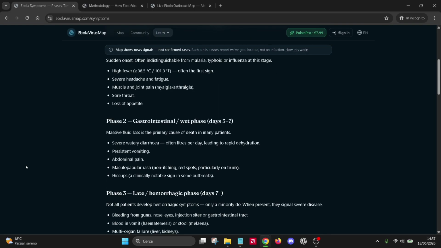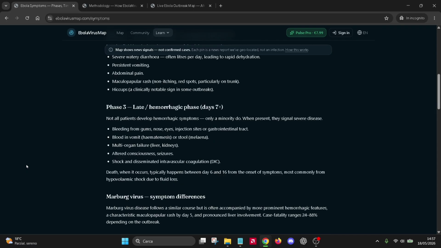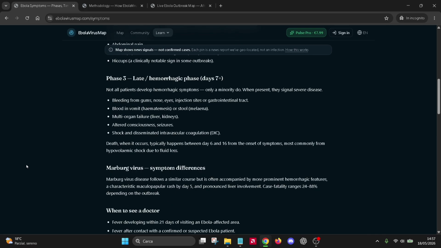To understand why Ebola receives such close attention, it helps to understand the disease itself. Ebola virus disease, often abbreviated as EVD, is a severe and frequently fatal illness caused by viruses of the genus Ebola virus. The disease is transmitted through direct contact with blood or other bodily fluids from infected individuals or contaminated materials.